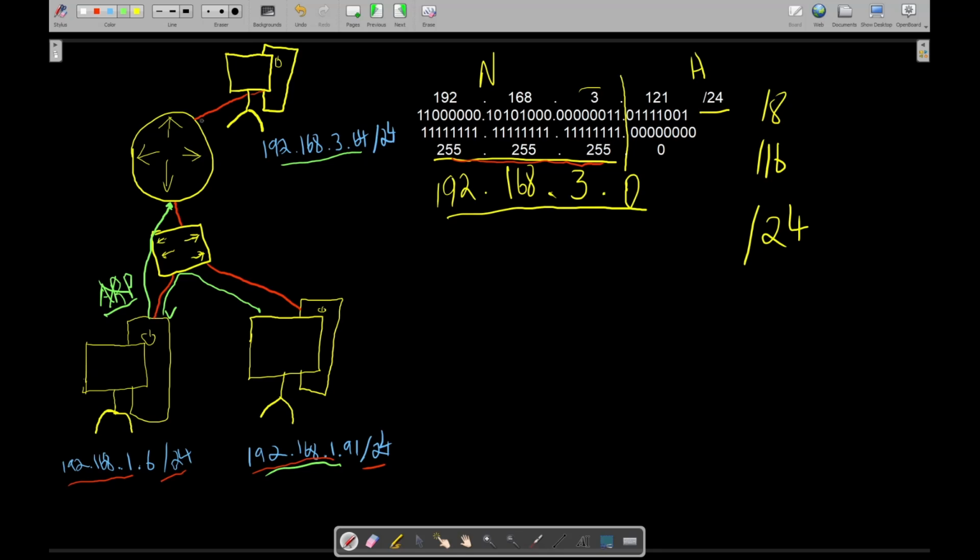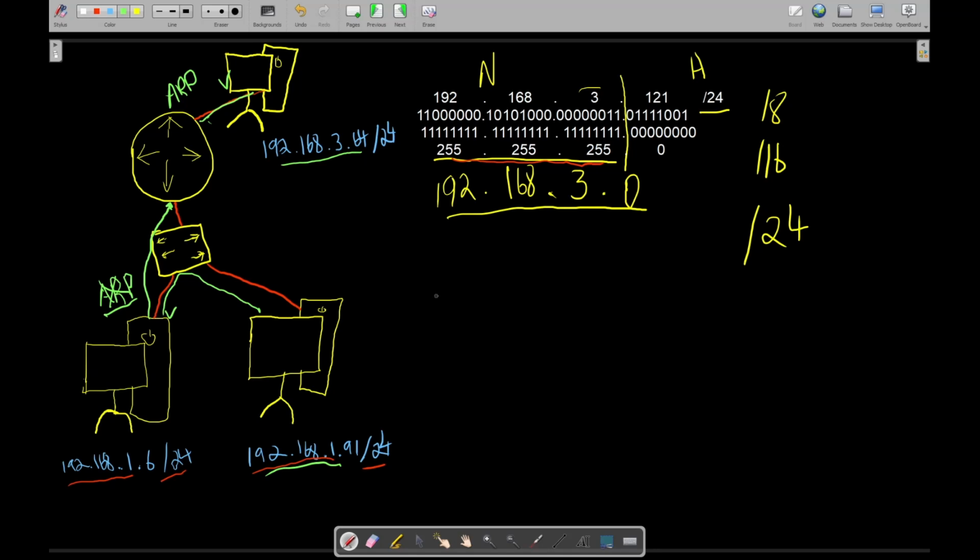Whenever it sees that it is, it sends an ARP message to figure out what computer has this address. This computer says, yep, that's me, and it sends it through. That is why subnet masks are very important.